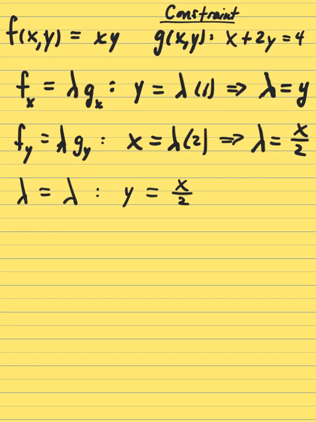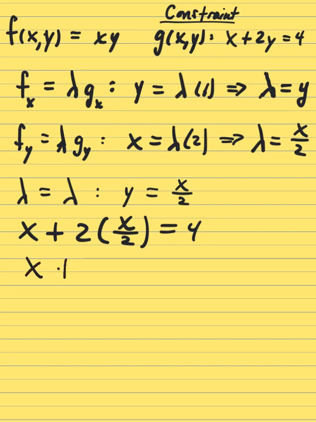So we're going to have x plus 2y, but we're going to use x over 2 instead of y, and that's equal to 4. Simplifying, x plus the 2's cancel, 2x equals 4, so that tells us x is equal to 2.